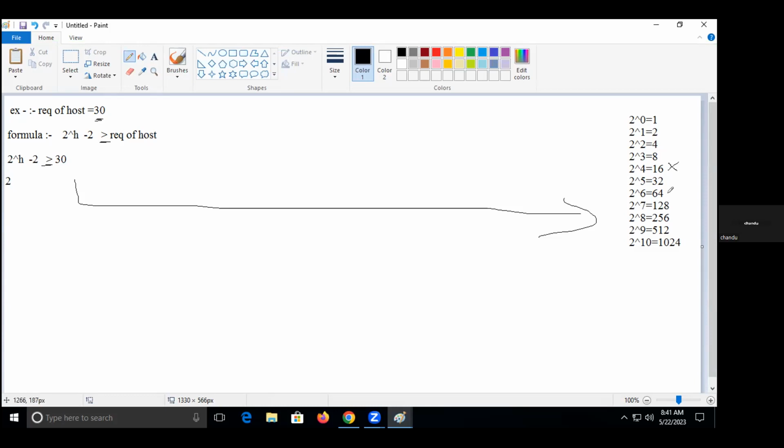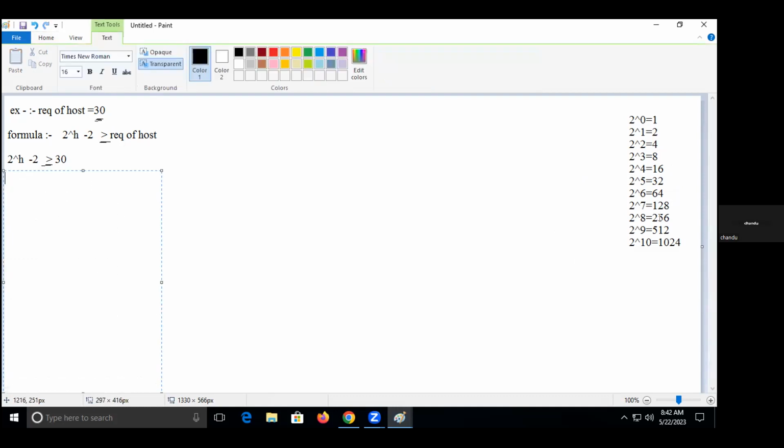But I cannot take a higher value. You will get it wrong, in the sense that you can keep 30 hosts, but you'll have more than 30 IP addresses. So the condition should be satisfied, and here it should be 2 power 5. 2 power 5 minus 2 is greater than or equal to 30.